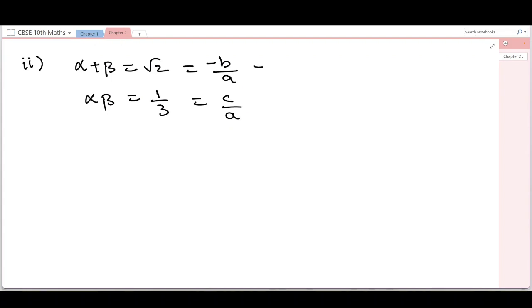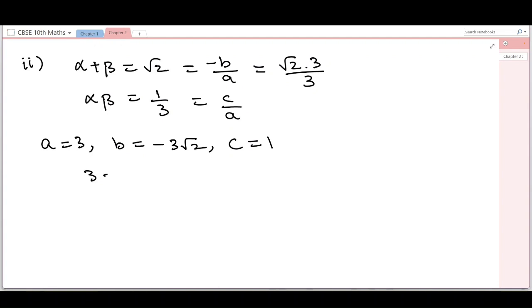So by multiplying and dividing by 3, we will get, from this we can conclude a equal to 3 and b equal to minus 3 root 2 and c equal to 1. Therefore, the required quadratic polynomial is 3x square minus 3 root 2x plus 1.